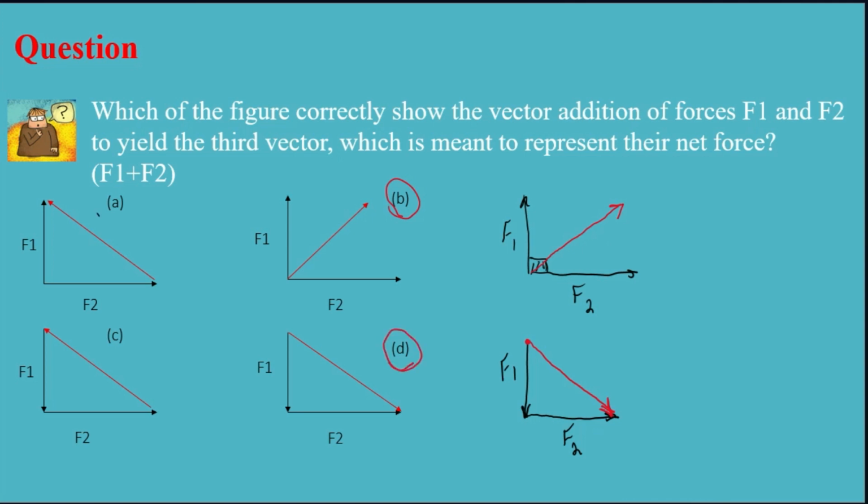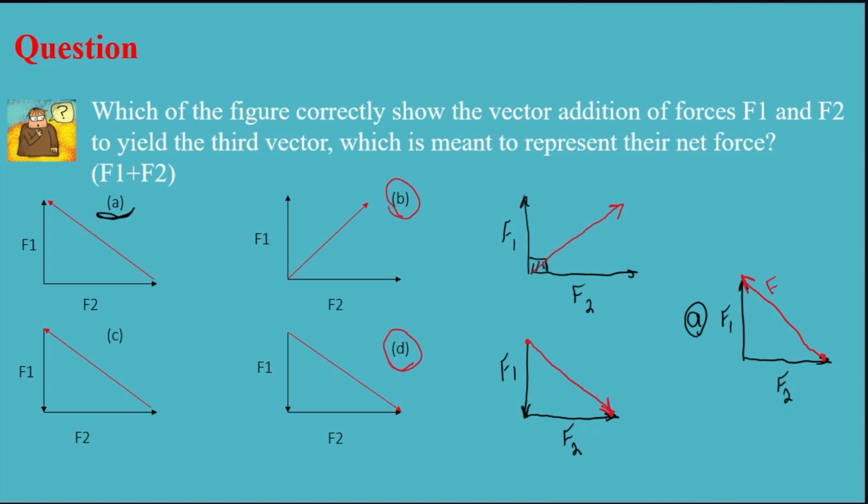Let's look at option A here. What does A mean? Let's say I have a vector F1, and the other one is F2. They make a right angle to each other, and now we start from F2 and end up at F1, right? That's what I have as a net force.